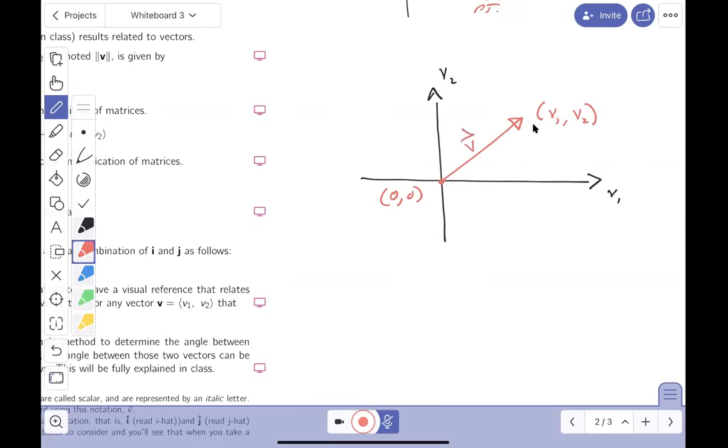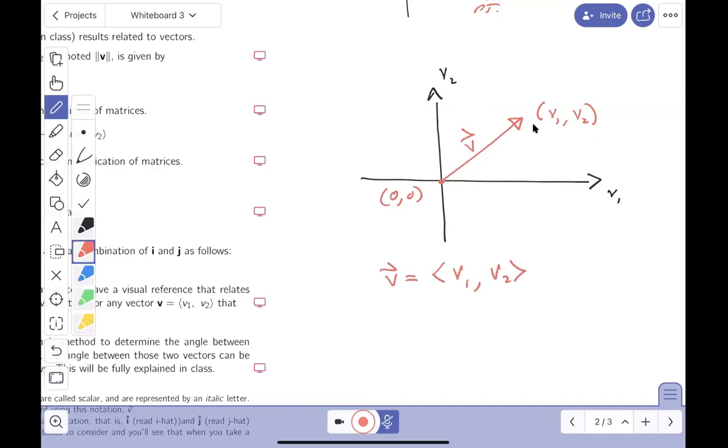I'm hoping you can see the difference between my V1, V2, and then the vector V, which has the bar above it. So what's the vector V going to be? The vector V is going to be <V1, V2>. It's got that bracket notation on it.